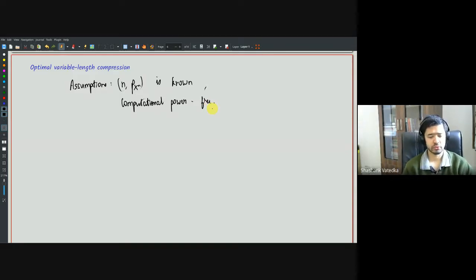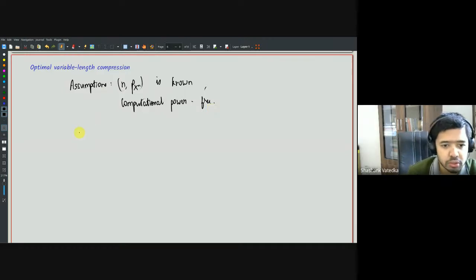We don't care if the algorithm that we design grows only polynomially in n or even exponentially in n. No problem for now, because what we want to do is understand what is the best that is possible without any constraints.